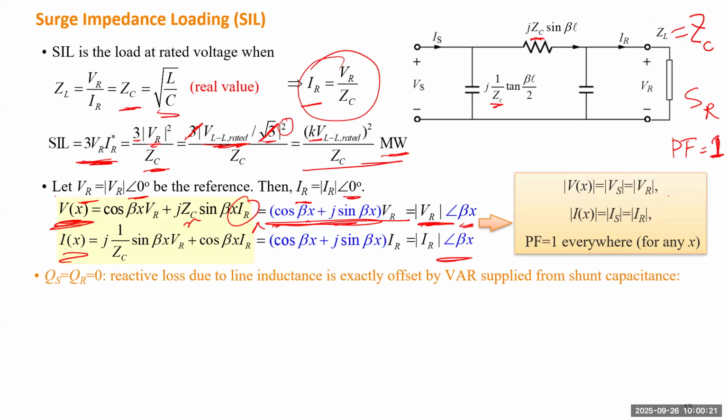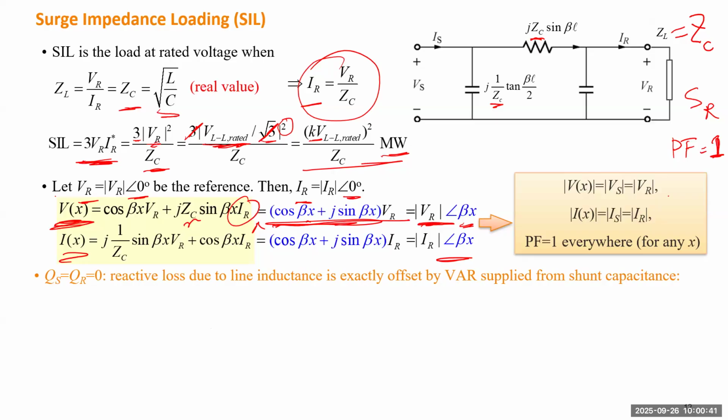So which means for this case, the sending end reactive power and the receiving end reactive power are 0. Okay, so the reactive loss of the line is completely compensated by the capacitance itself.